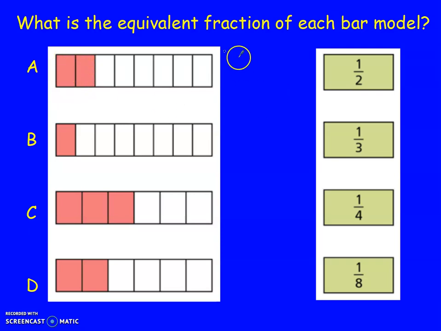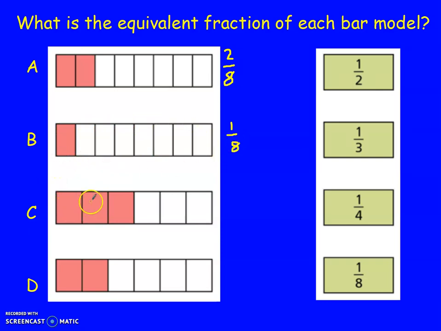So here we have 2 parts shaded of a possible 1, 2, 3, 4, 5, 6, 7, 8. So it's 2/8. For B, we have 1 part shaded of a possible 1, 2, 3, 4, 5, 6, 7, 8. So 1/8.